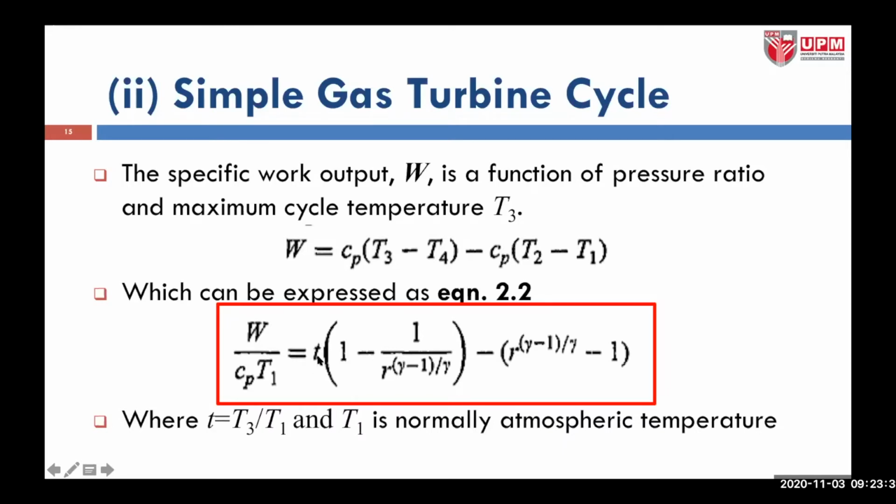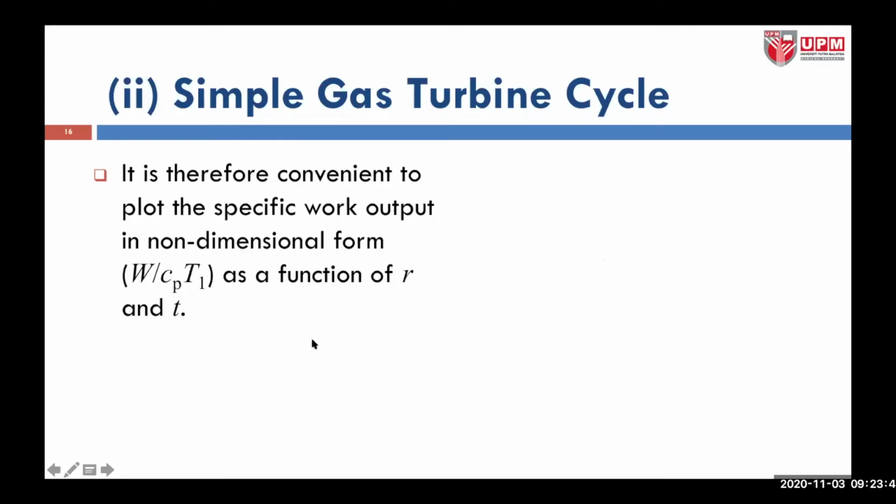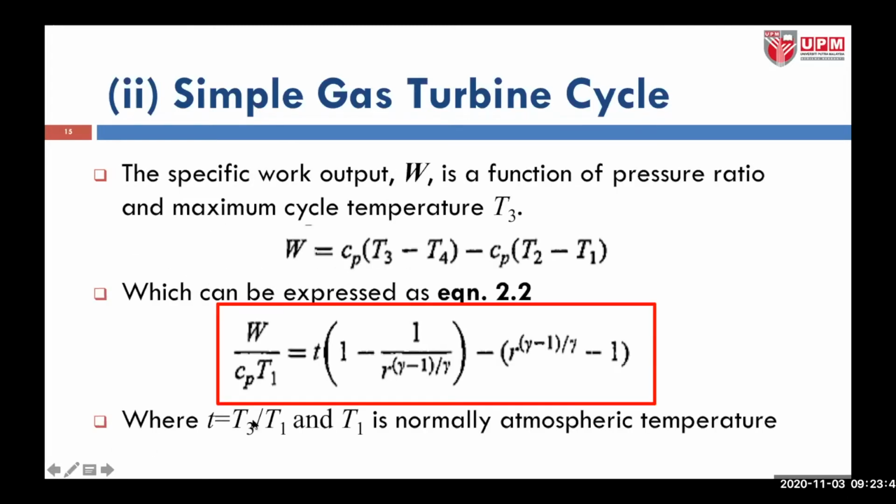Time we normally consider as theta. This is the temperature ratio. R is the pressure ratio. t is the temperature ratio T3 over T1, and T1 is normally the atmospheric temperature. T1 is the incoming air from the atmosphere going into the compressor.